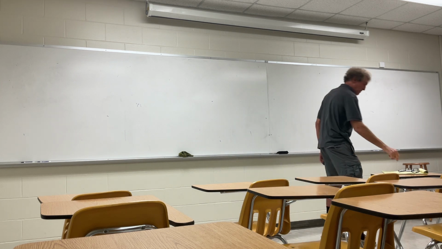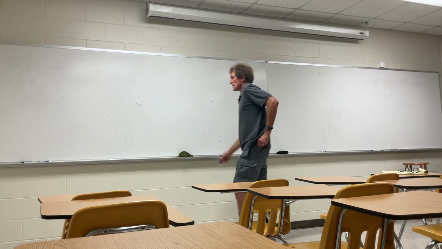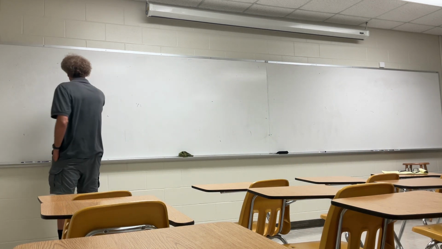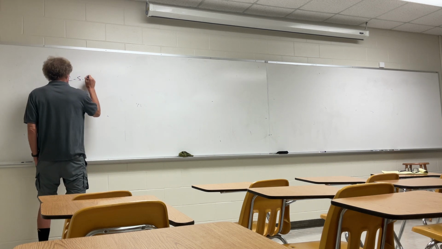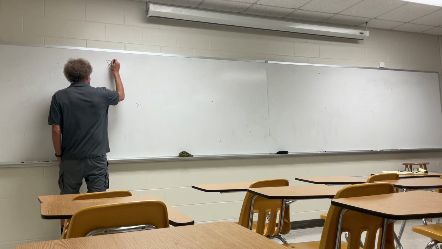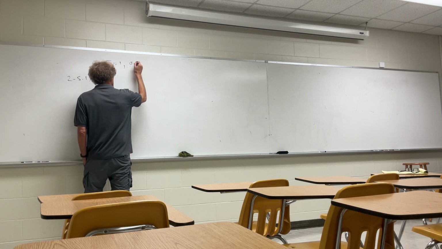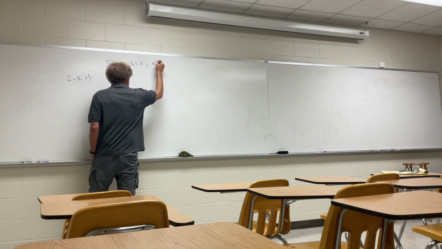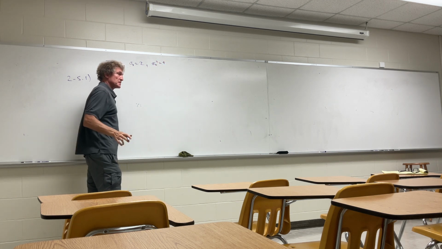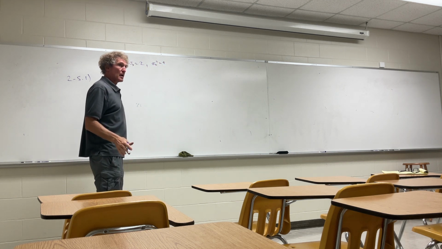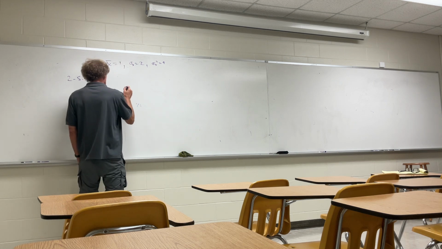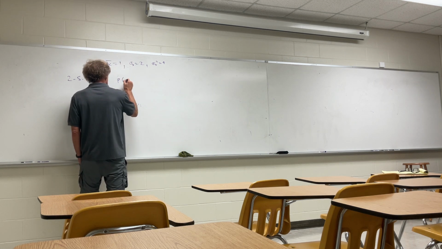So for this problem, what does he say? A Gaussian random variable has a mean value of 1 and a variance of 4. Variance of 4 means a standard deviation of 2. Everybody with me on this? Then he says, find the probability that the random variable has a negative value.